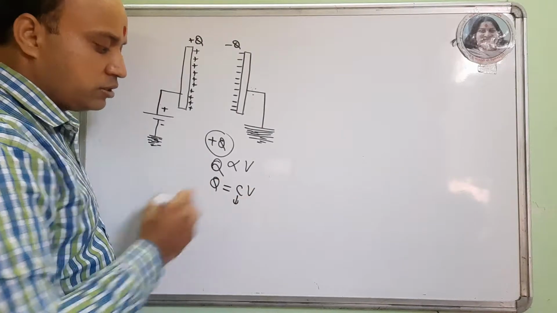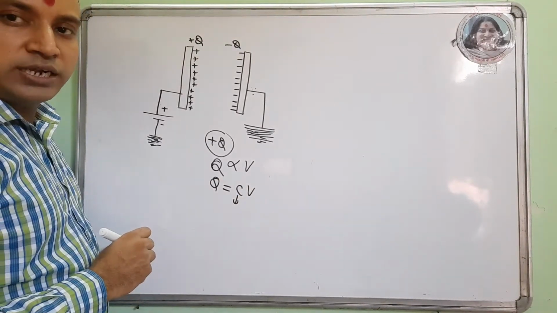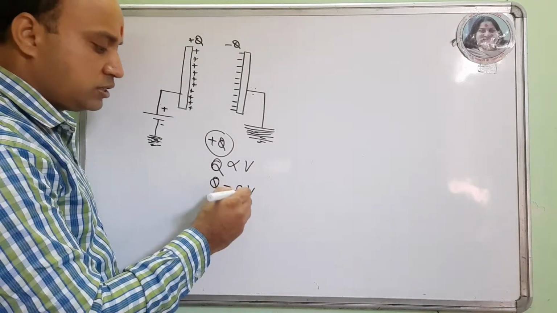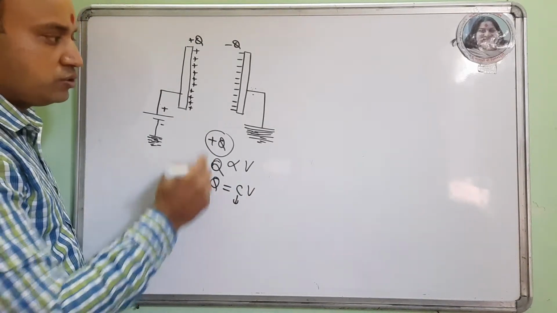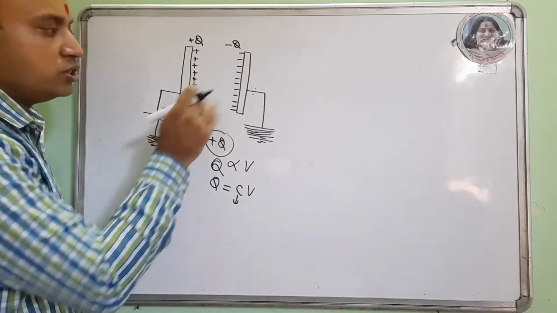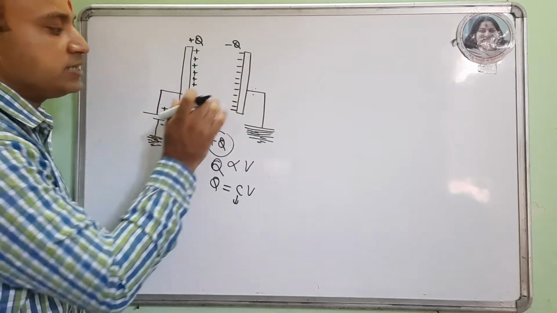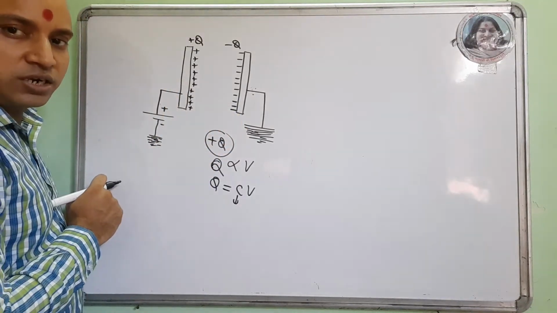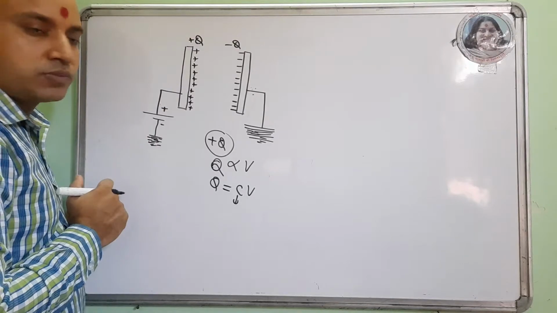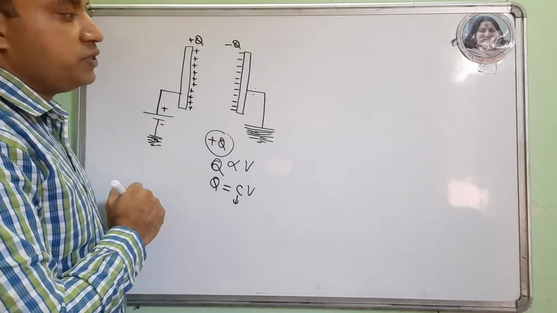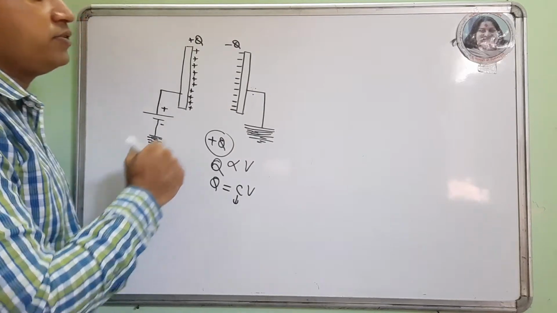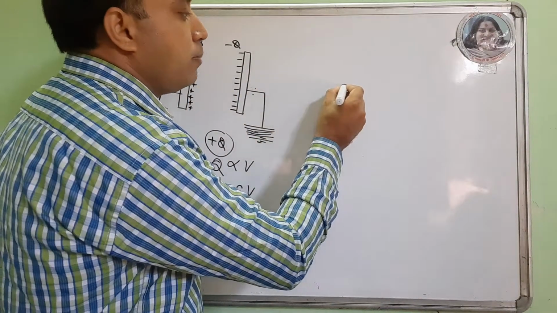C is called the coefficient of proportionality, or capacitance. This C depends on the type of charges, the shape of the charges, and the distance between the charges. This is called capacitance.